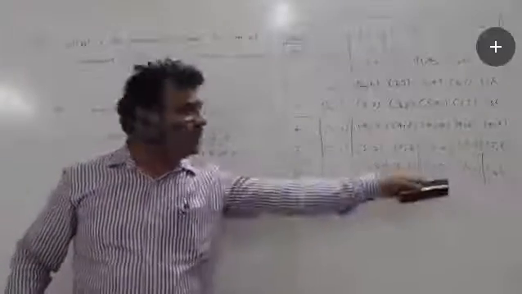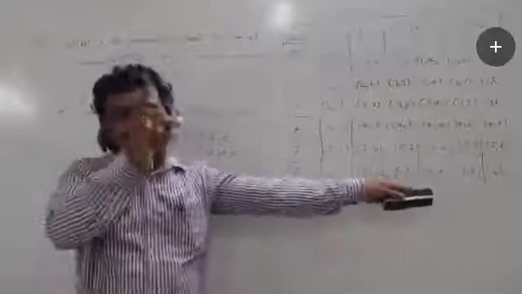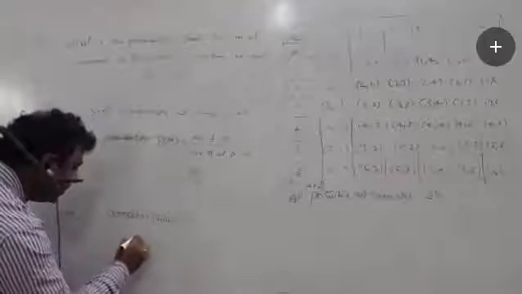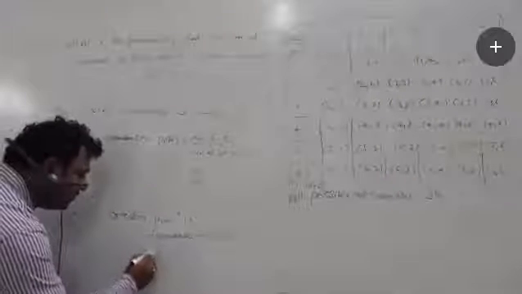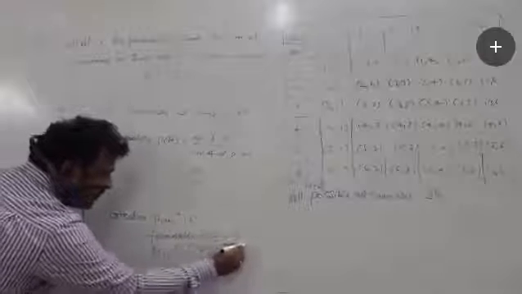Is there any outcome? Yes, your guess is right. There is no outcome. So the favorable outcomes are equal to the empty set. The number of favorable outcomes is 0.